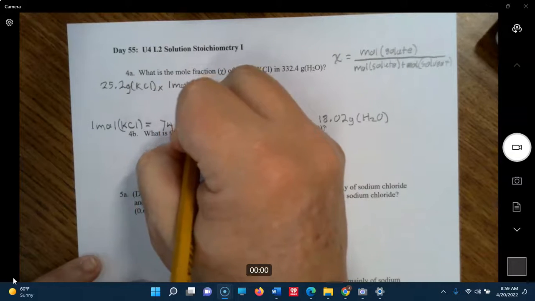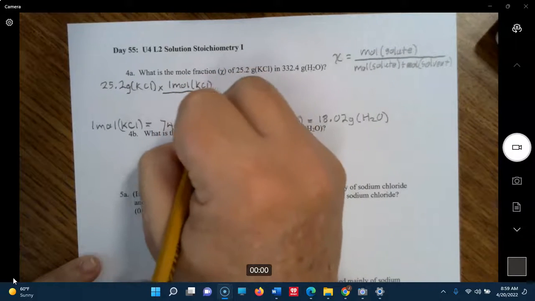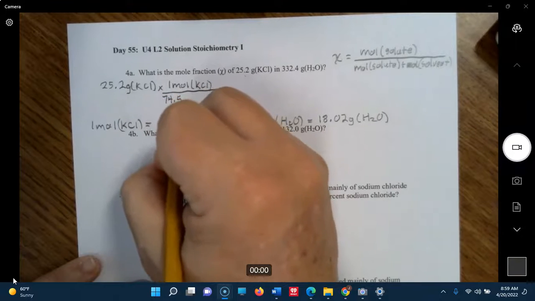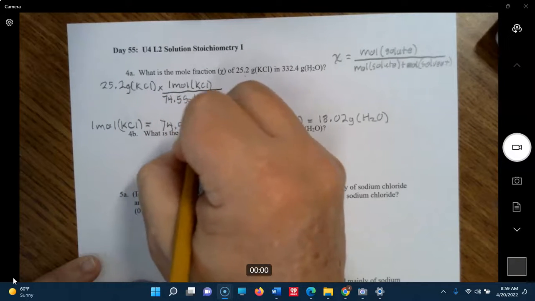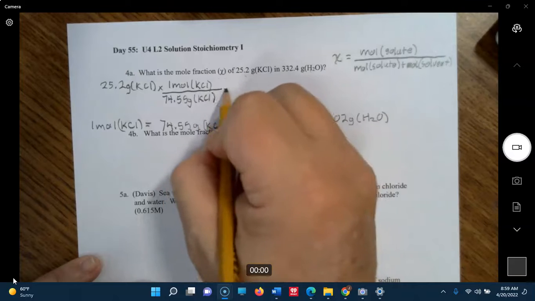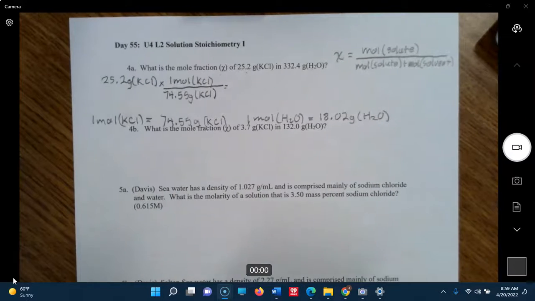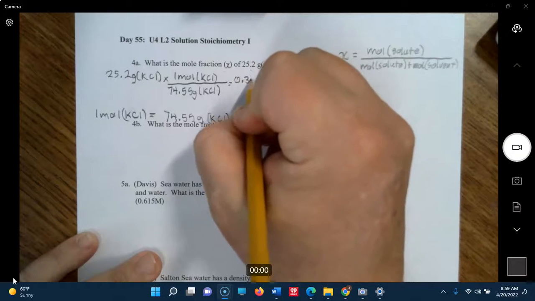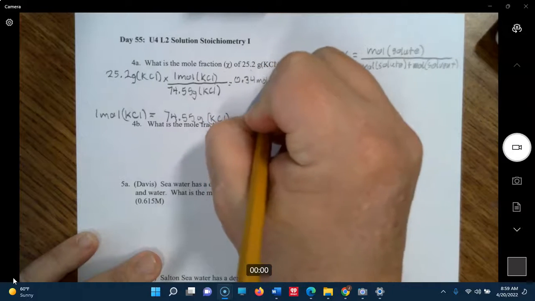So we're going to put moles of KCl on the top and grams of KCl on the bottom. Okay, and that's going to be 25.2 divided by 74.55. And that gives us 0.34 moles.